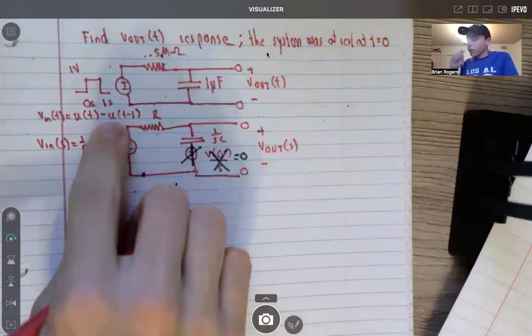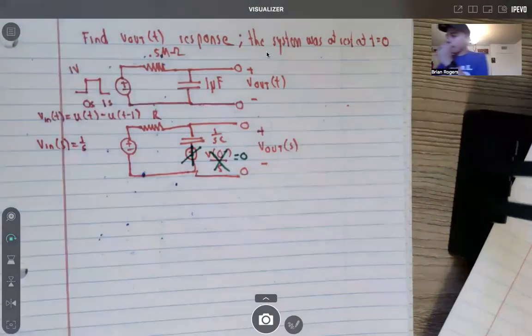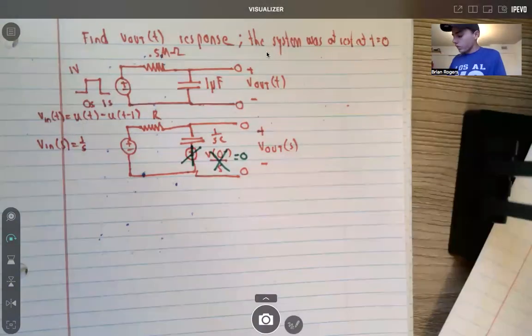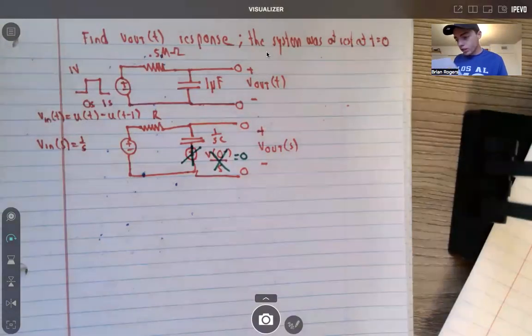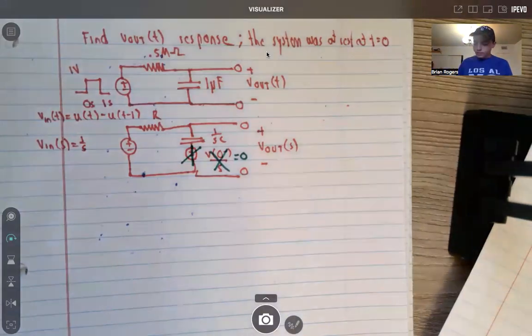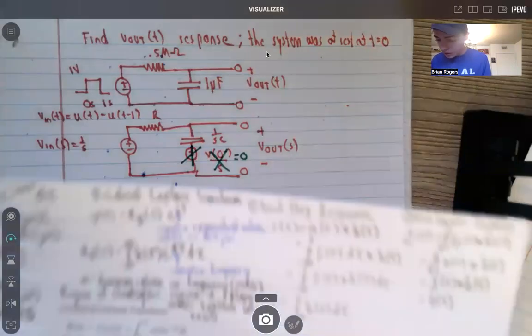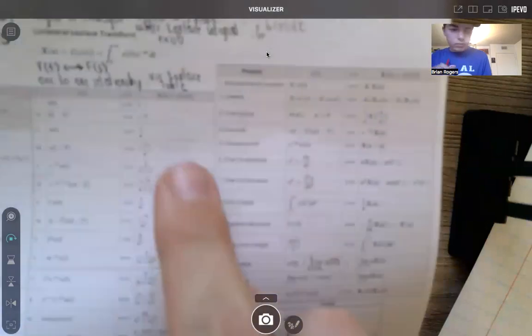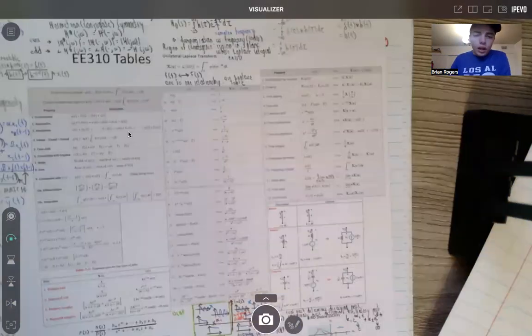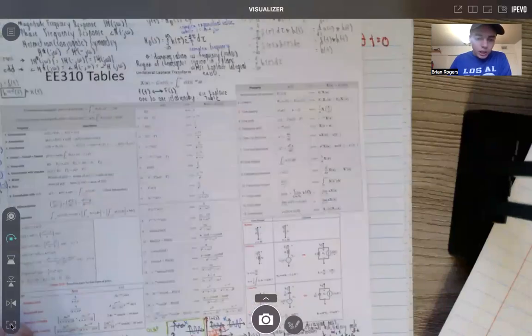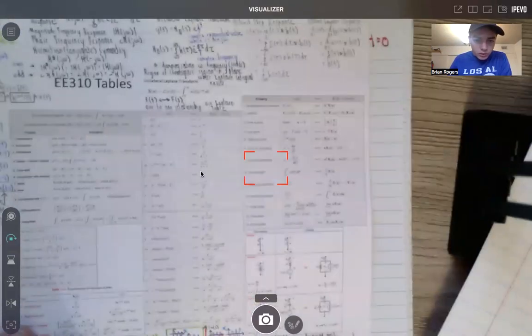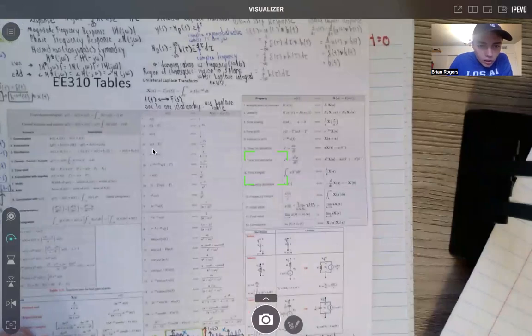And then here we have a shift. Remember, if we have our table with us, in particular for the Laplace analysis, let me pull it up here so I can show you. When you have a shift in the time domain, right here on 2a, it's multiplied in the frequency domain by e to the negative T s over s.